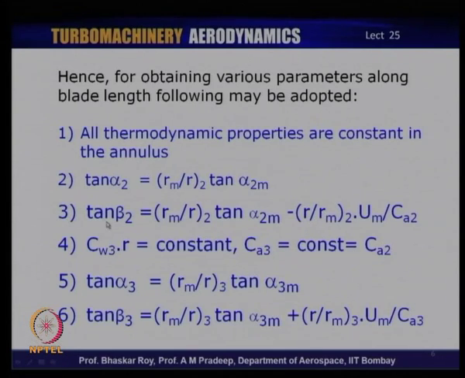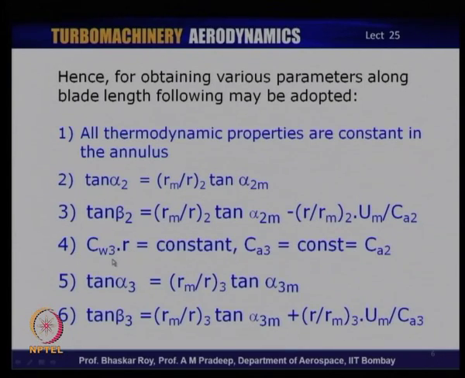The tan beta 2, which is the relative flow angle going into the rotor, which is the flow angle which the rotor indeed feels, is also relatable to the radius ratio. And then of course, the inverse of the flow coefficient to the turbine, that is u m by C A 2. C A 2 by u m of course, would be the average flow coefficient through the particular turbine rotor.